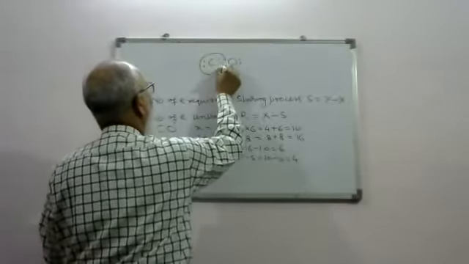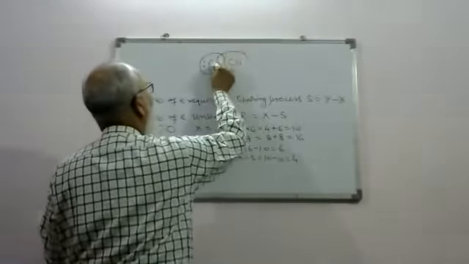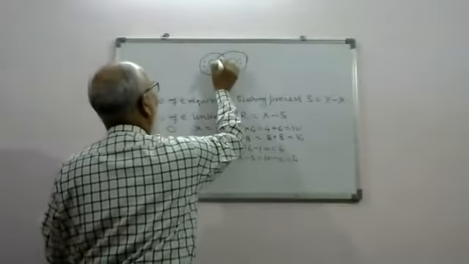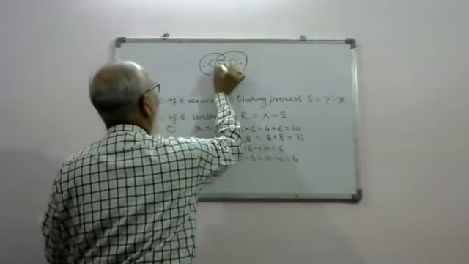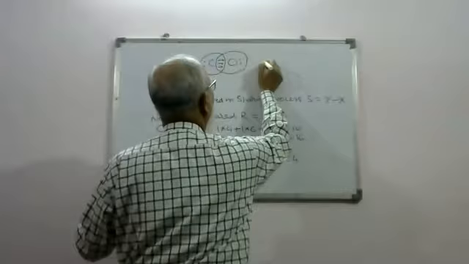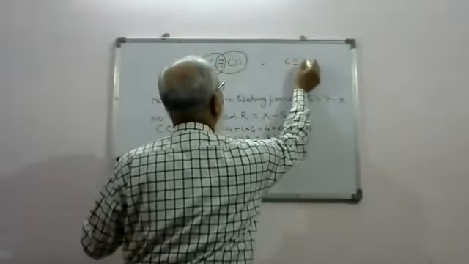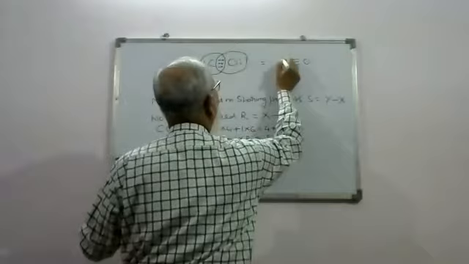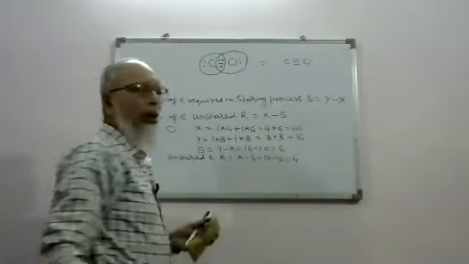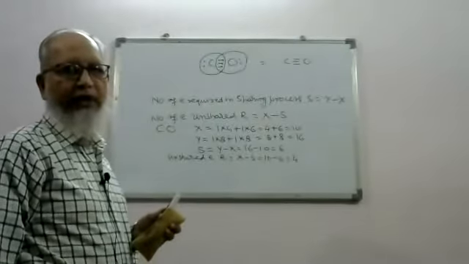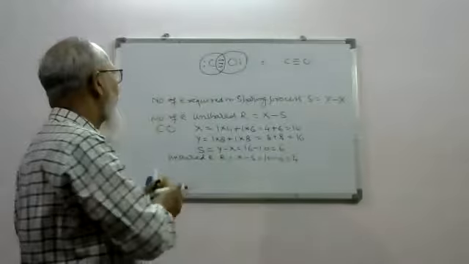Octet of this carbon is completed. Octet of this oxygen is completed. And each pair will form a single bond. So the dash formula for carbon monoxide is C triple bond O with 1 lone pair of electrons on carbon as well as on oxygen atom.